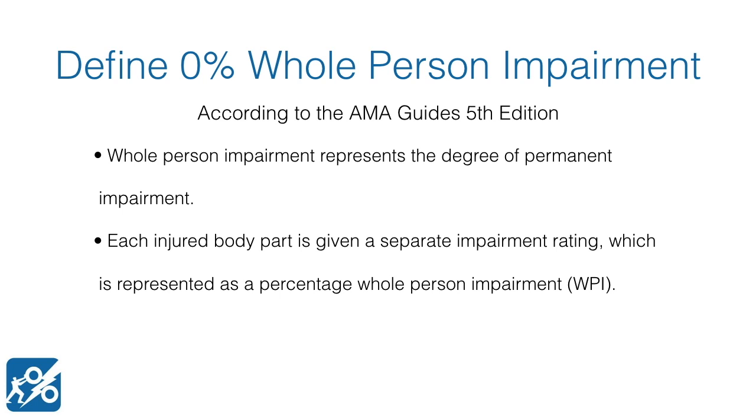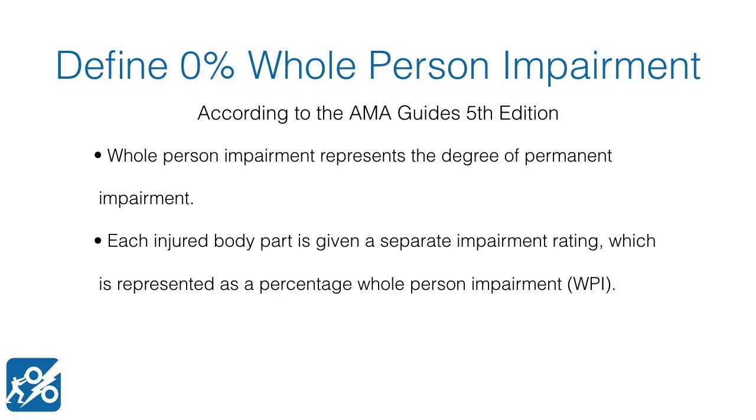Number one, that the appropriate chapter rating has been executed and there are no rateable findings. And two, that an activities of daily living inventory has been completed and there are no limits to the activities of daily living from the body part being considered.